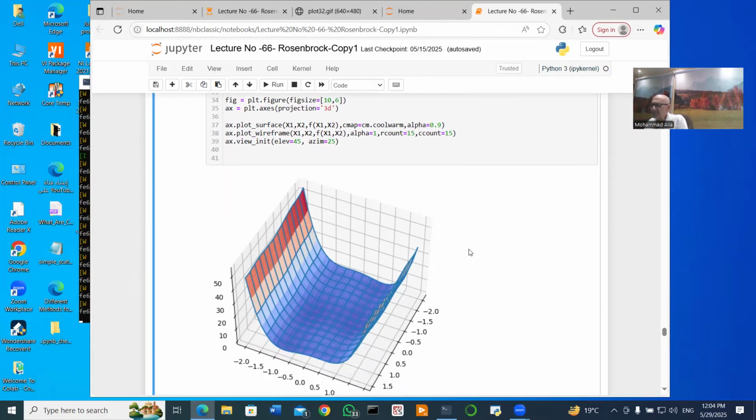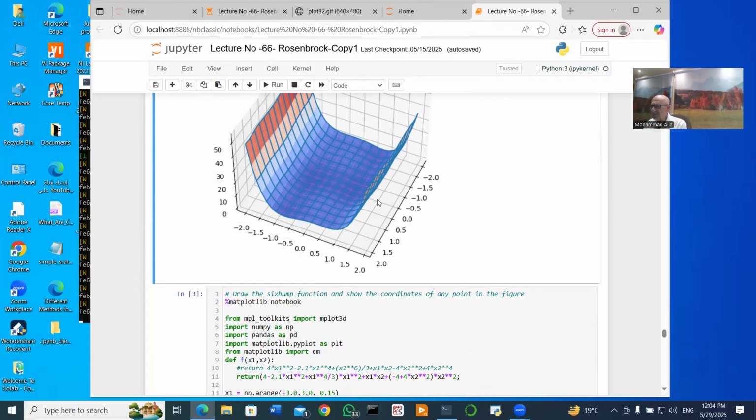Also, as usual, because this is a 3-dimensional plot, it is advisable to define the camera angle by giving a value to the elevation, 45 degrees for the elevation, and the azimuth also 25 degrees.